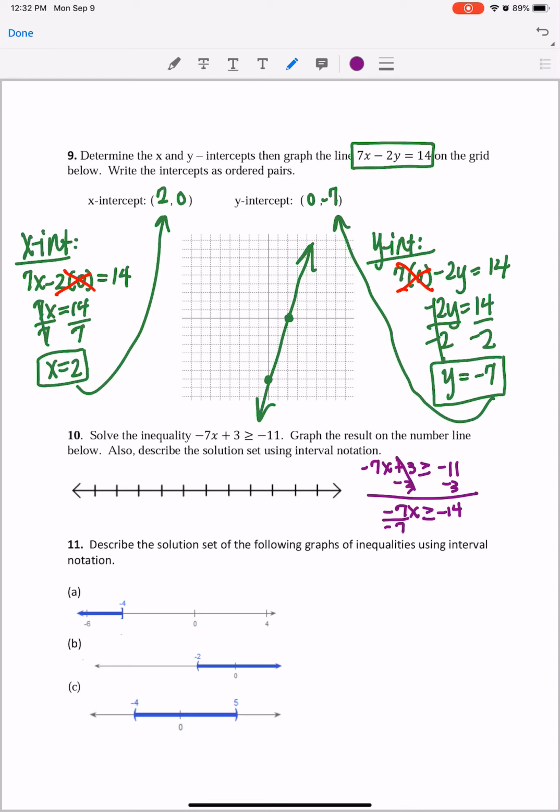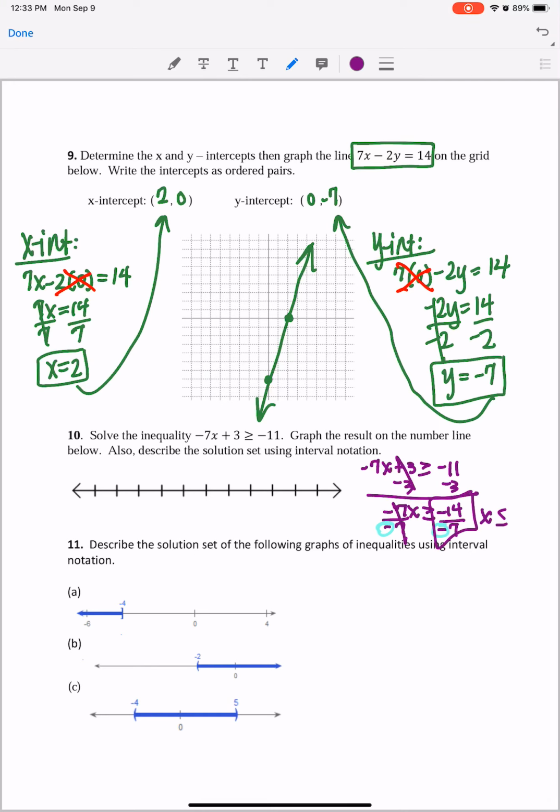Divide both sides by negative 7. Now, because we have divided both sides by a negative number here, you have to take this symbol here and switch it. So instead of this being greater than or equal to, it is now switching to be less than or equal to.